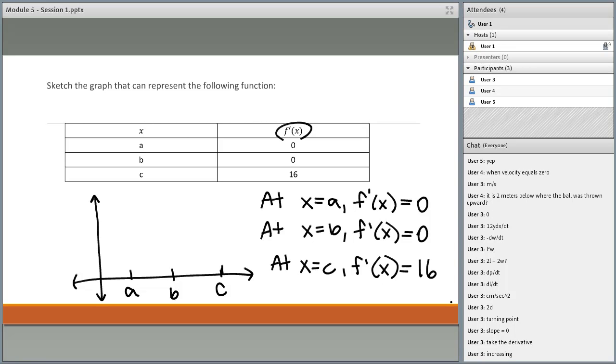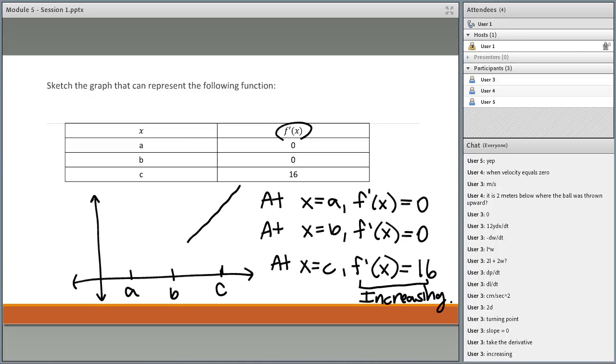Kind of like the last example with implicit differentiation, when we got a positive value for dA/dt, which meant the area was changing positively, growing or increasing. That's what this means. It means the graph is increasing at x equals c. So if I draw the graph increasing at x equals c.